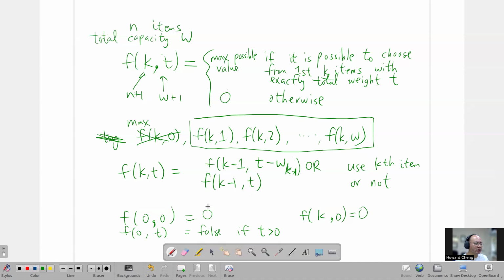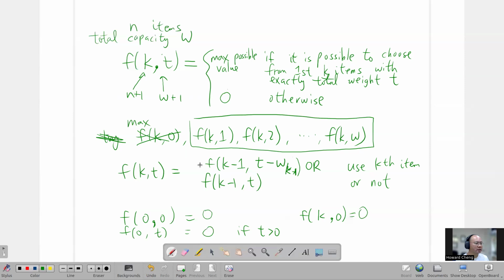By the way, I'm assuming, of course, that the weights and the values of everything are non-negative. If they're negative, then things become a little bit tricky because you can take something to somehow erase capacity. And then here, this is also 0, impossible, right? So all the base cases are 0.